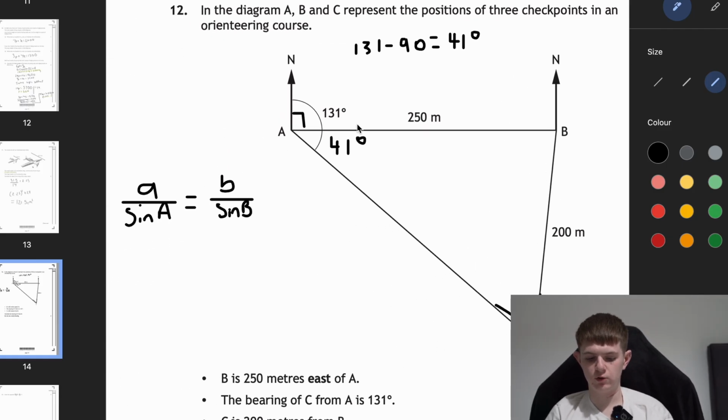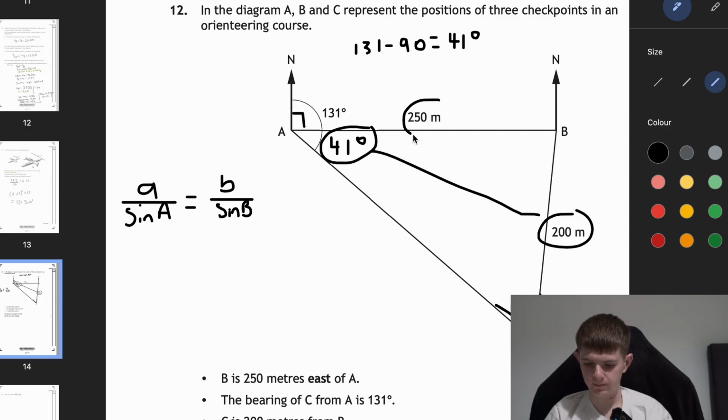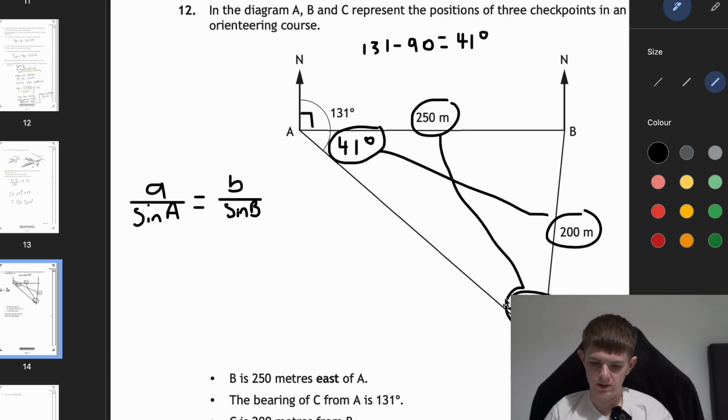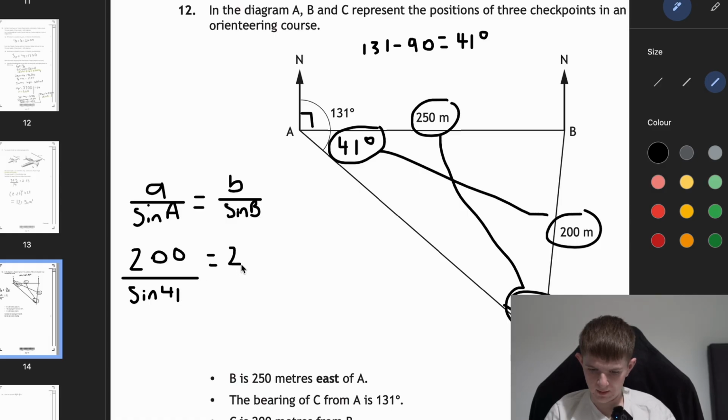Now we can go ahead and use the sine rule. So this angle goes with the 200. This length goes with our missing angle. So I'm going to sub in here. So we've got 200 over sine 41 and then 250 divided by sine x.